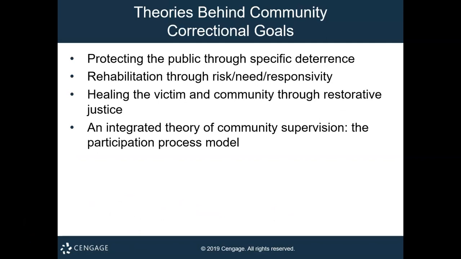All right, and these are, generally speaking, the goals behind community corrections: to protect the public, to rehabilitate the offender, to heal the victim, and through the participation model, to include the offender and the community in the offender's supervision, rehabilitation, and all that kind of stuff. These all sound amazing and fantastic.